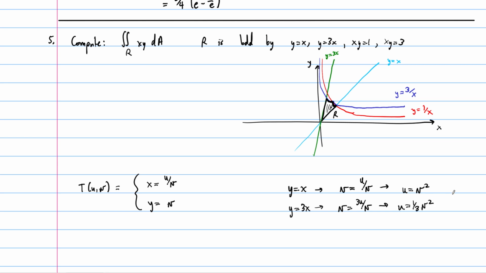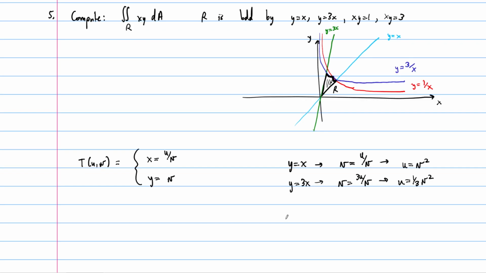So there's two parabolas that we're bounded between now. And then the other equation, x times y is equal to both 1 and 3, right? But look what happens if you multiply x times y, you get u over v times v. It's just u, right? So u is going to vary from 1 to 3 in that direction.